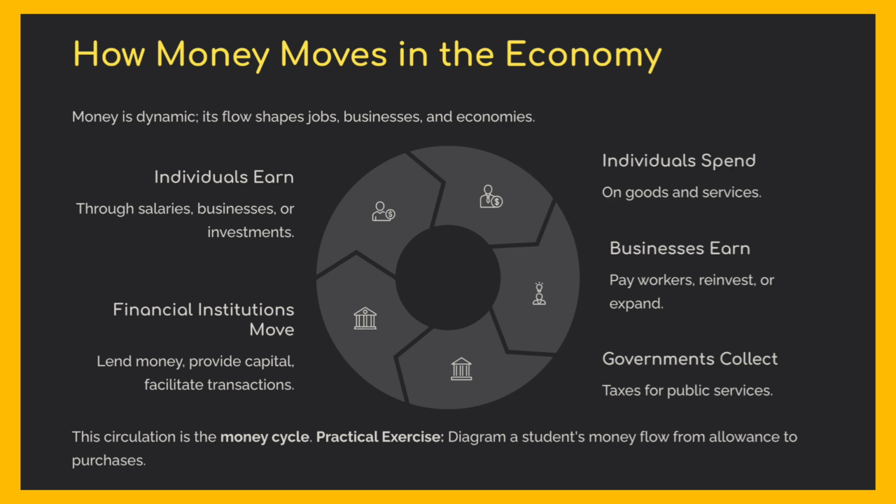Governments collect taxes to provide services like roads, schools, and healthcare. Financial institutions move money: banks lend money, investors provide capital, fintech creates new ways to transact. This circulation is what economists call the money cycle. Practical exercise: draw a simple diagram showing how a student's money flows.